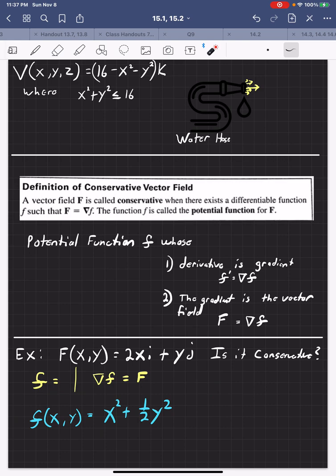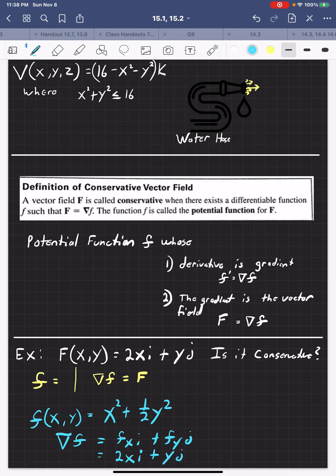Well, first off, let's go ahead and find the gradient. So the gradient of f, remember, is just going to be the partial with respect to x in the i direction plus the partial with respect to y in the j direction. So let's start with the partial with respect to x. That would just be 2x. And now the partial with respect to y, which would just be y.